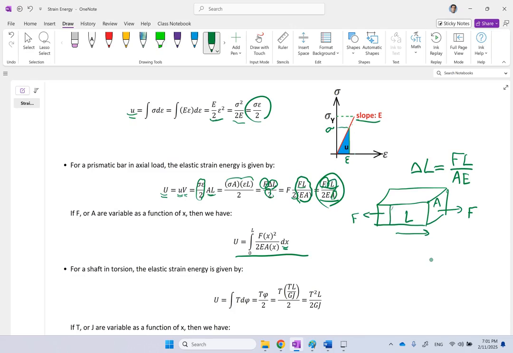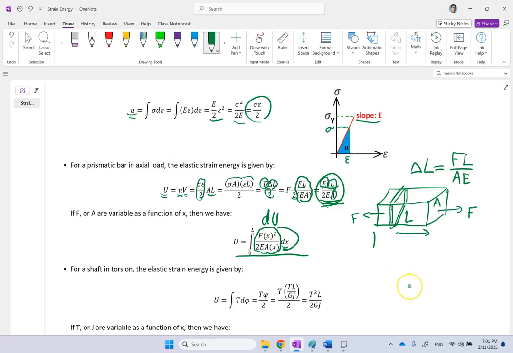So you consider a short, small element, and over that element is what you calculate this term, and then multiply by dx to calculate the dU, and then integrate dU from 0 to L to get the entire energy.